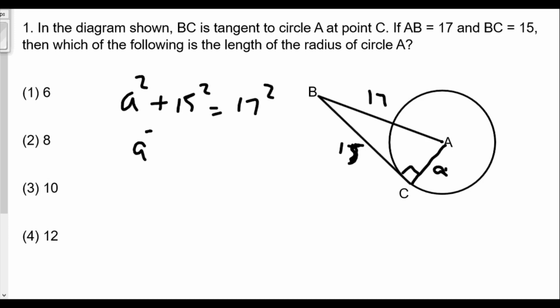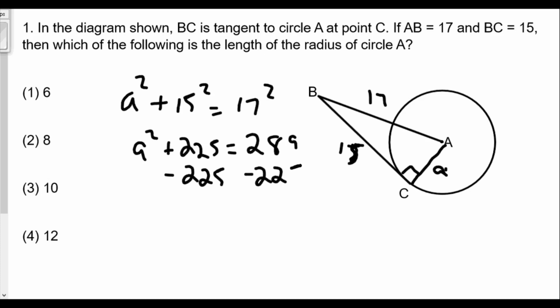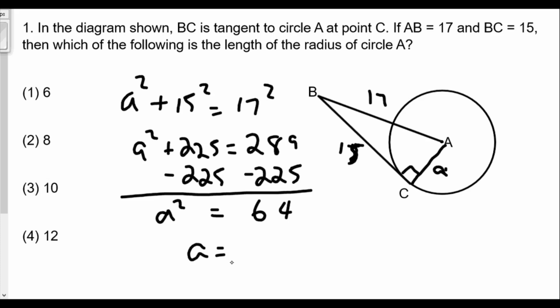Now, 15 squared is 225, and 17 squared is 289, so we're going to subtract 225 from both sides. A squared is equal to 64, which means A must be equal to 8 because we take the square root of both sides. And so the radius measurement of our circle A has to be 8.